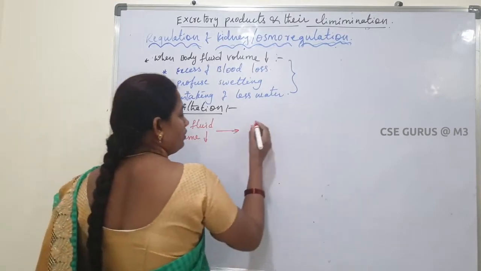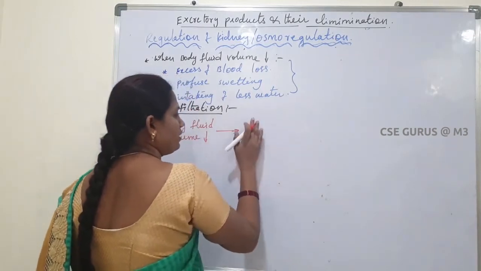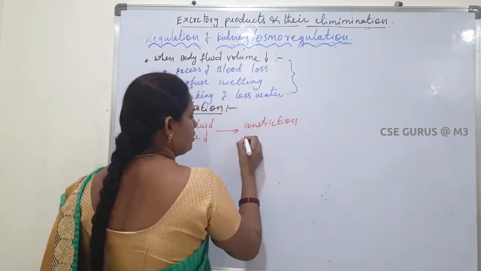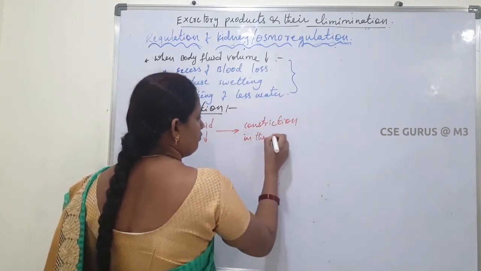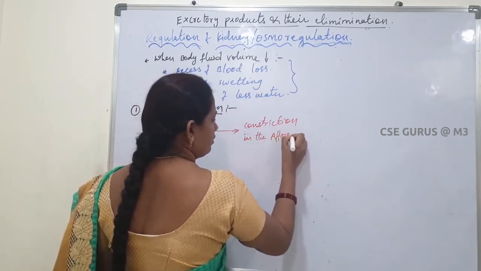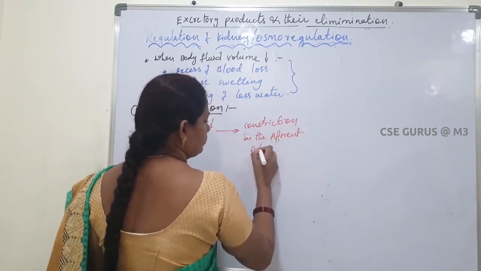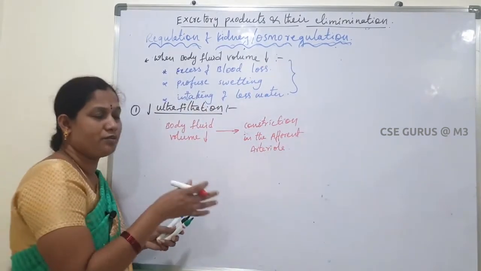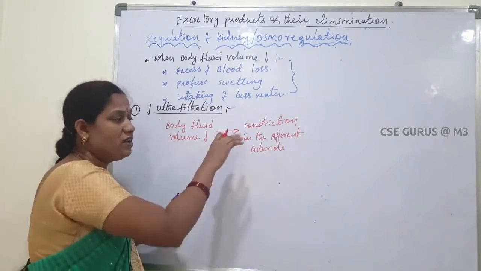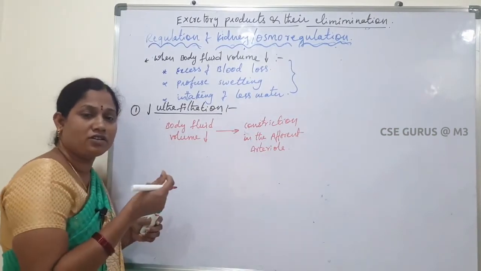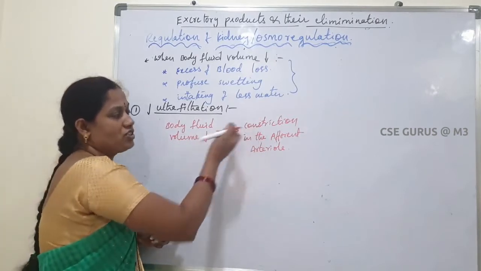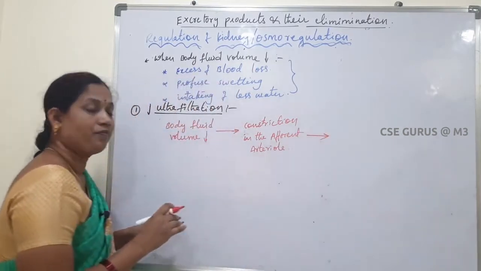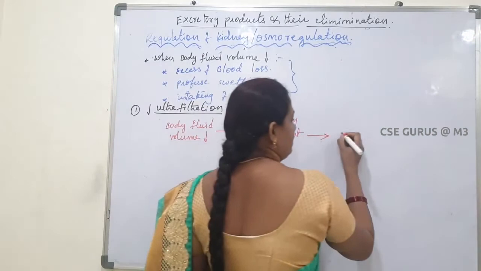So what will happen? Constriction takes place in the efferent arteriole. Just some constriction takes place, and it leads to a decreased ultrafiltration rate.